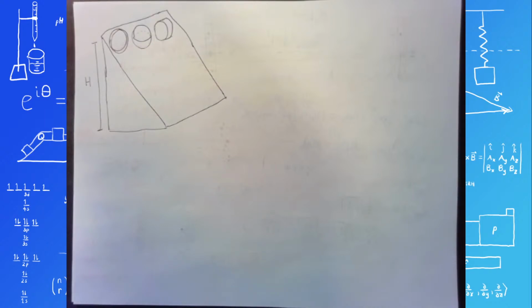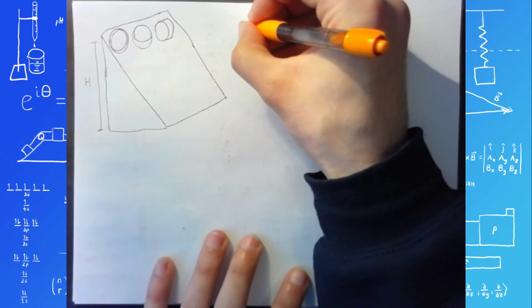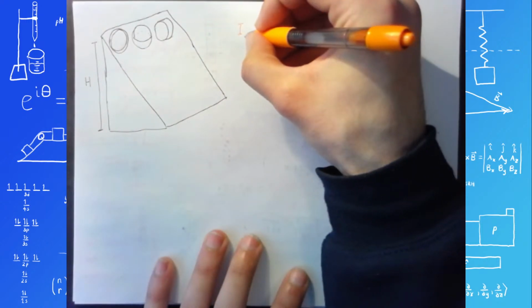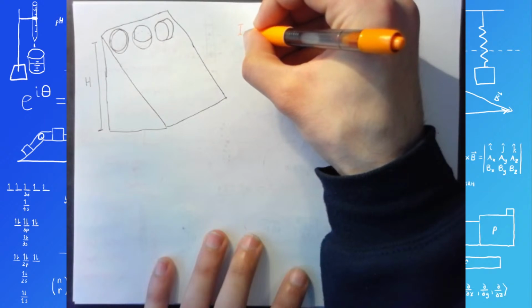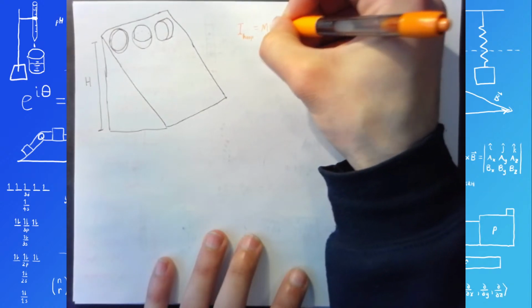And what is the ratio of translational to rotational kinetic energy among the three? So I will give you some formulas that you're going to need. For a hoop, moment of inertia is just mr squared.